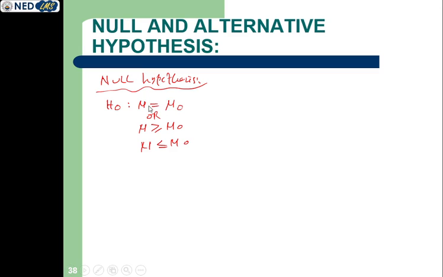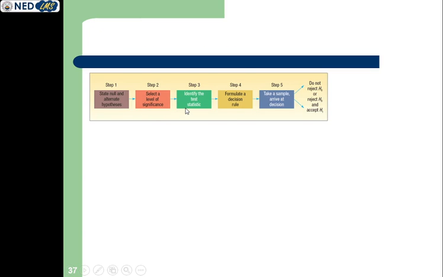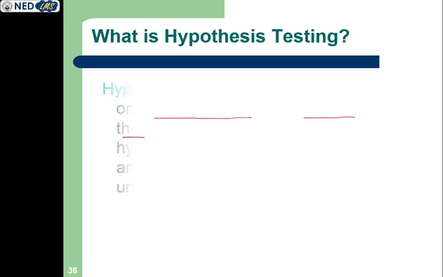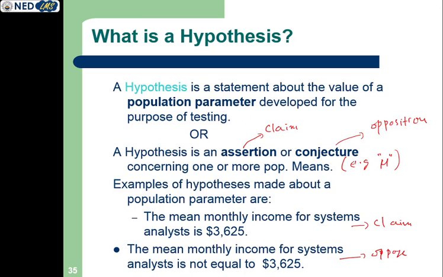The null hypothesis is always defined in the form of equality, just like that. Some person says equal to. For example, in our previous example, the mean monthly income for the systems analyst is equal to, that is, mu is equal to $3,625. A person claimed that; this is our null hypothesis, because it is always in the form of equality.